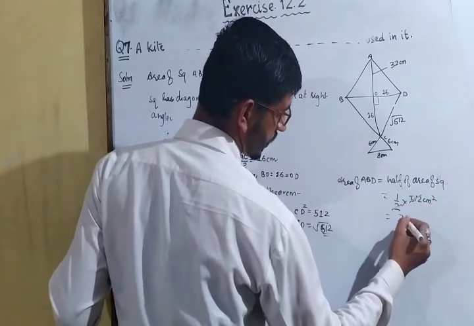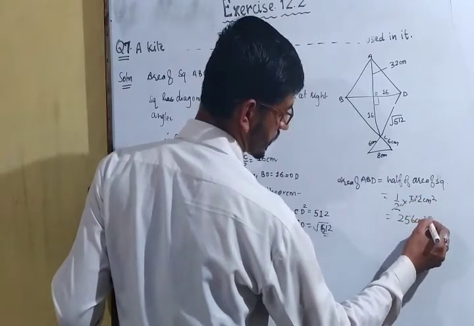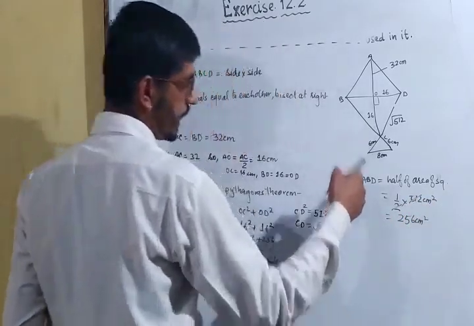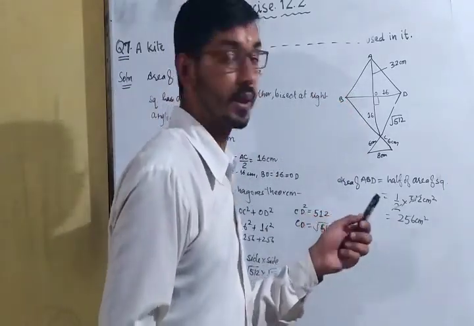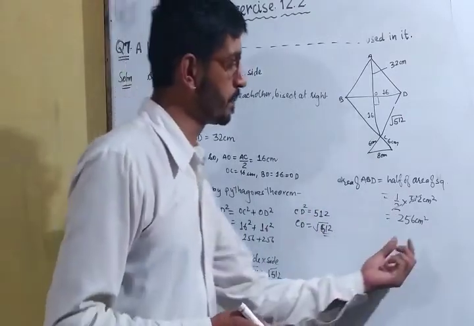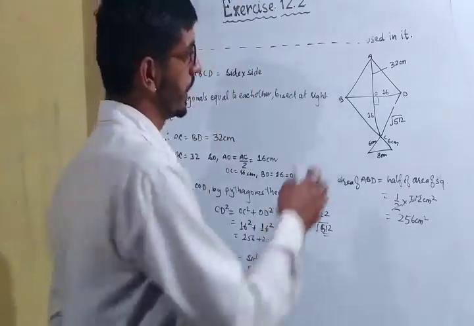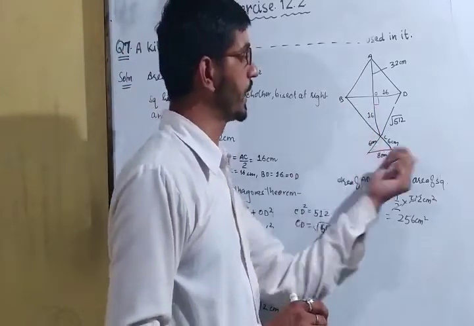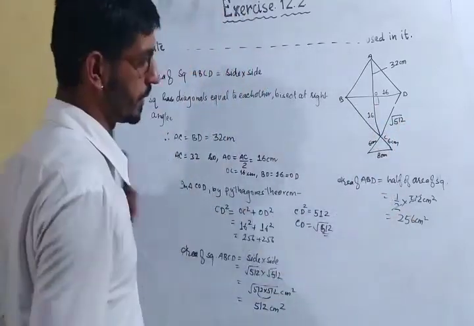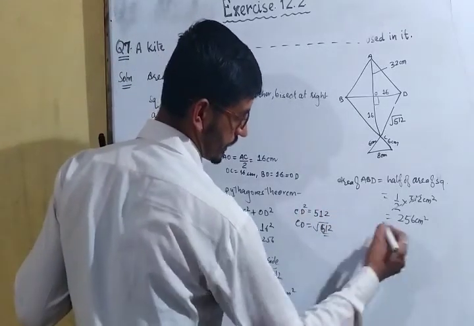So it is 256 centimeter square. Let's suppose ABD is yellow. So the paper used for yellow color is 256 centimeter square. Let's suppose it is red. So the paper used for the red part will be 256 centimeter square.